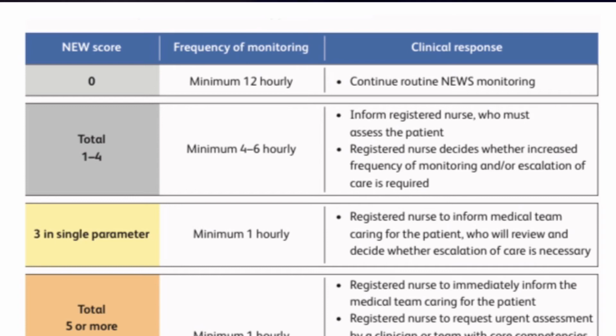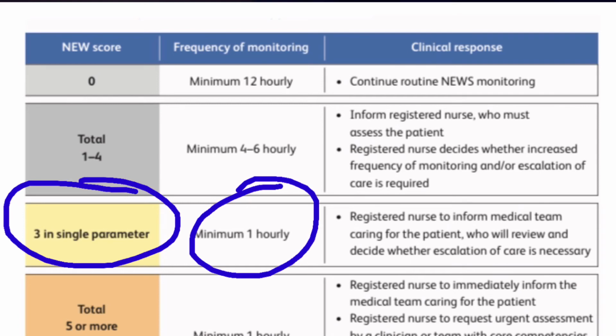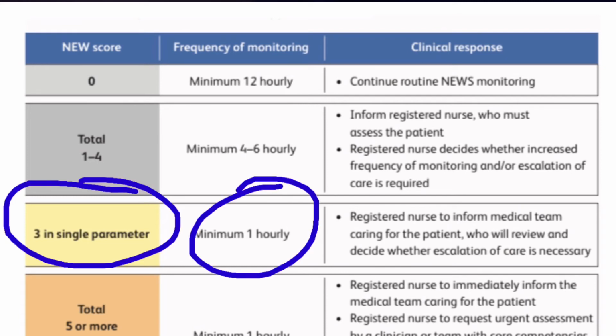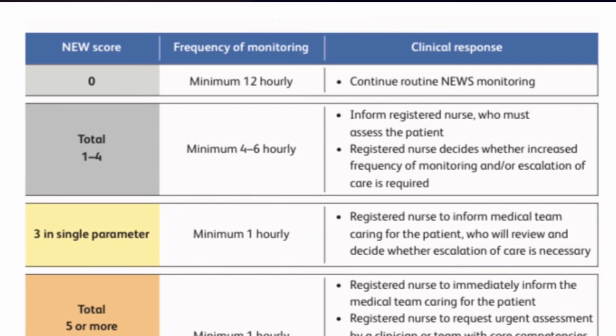Okay, so 3 in a single parameter: minimum 1 hourly. The registered nurse informs the medical team caring for the patient, who will review and decide whether escalation of care is necessary. Definitely you have to inform the clinician. I hope you understand what a single parameter is.